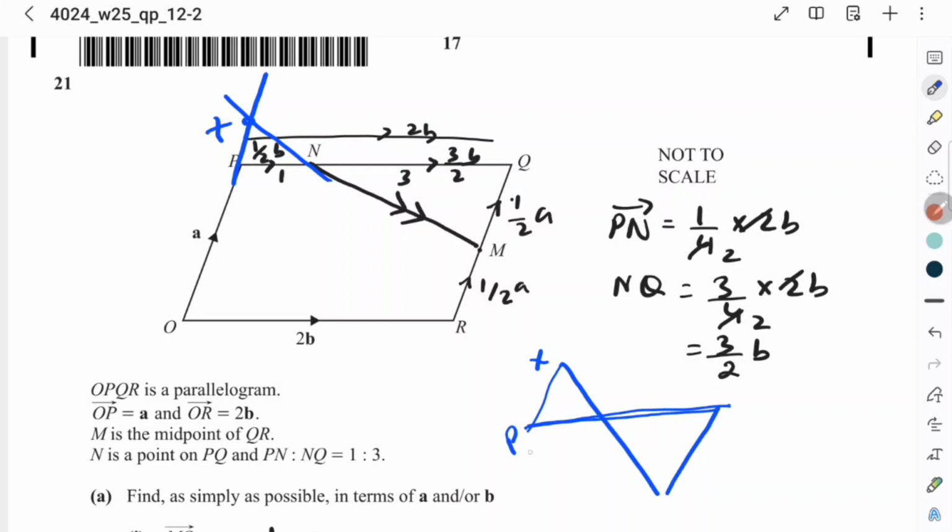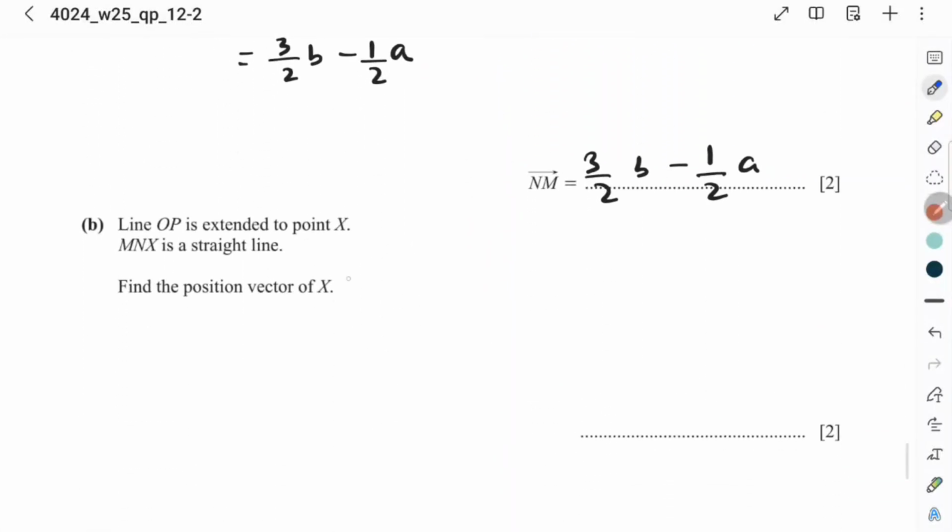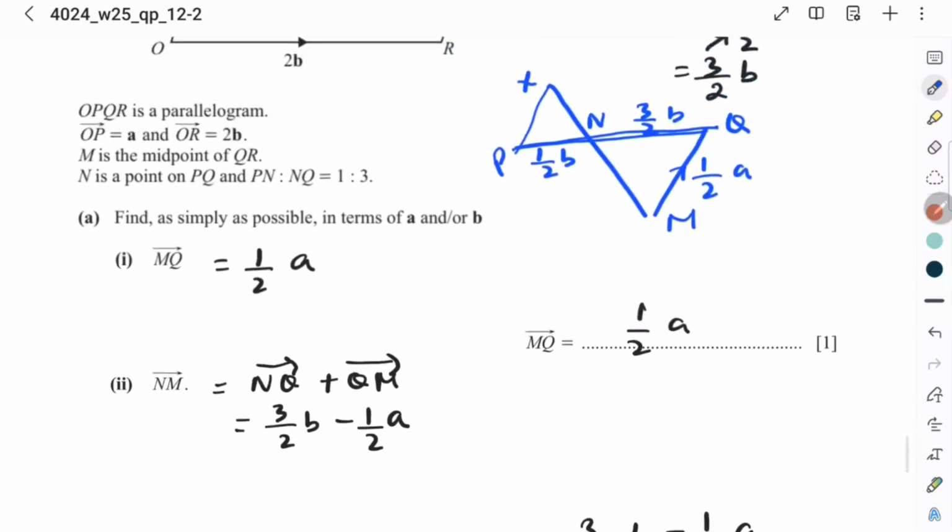So P, N, Q, M, which is half of A, and it is 3 upon 2B, and this is half of B. We don't know the value of PX, and OX is the question, because the position vector OX is equal to OP plus PX. OP we know, and we are going to find out how much is PX.